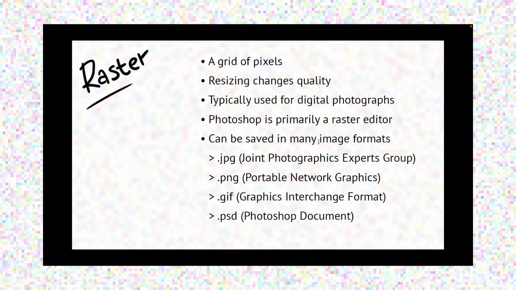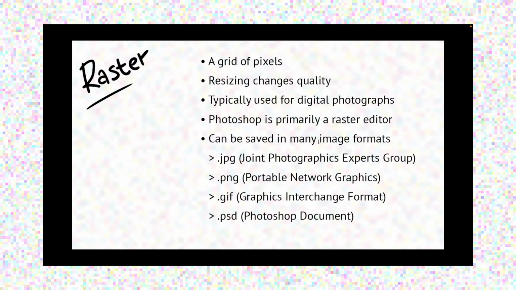Raster is also what is mostly used for graphics when we're sharing graphics. There are a lot of different image formats that can be saved as raster images, and we'll go over a lot of these as we do more demos with Photoshop. You've probably heard of some of these. JPEG is Joint Photographic Experts Group, a very well-known and highly used image format. PNG is Portable Network Graphics, a more modern format developed specifically for the internet and for sharing images on the web.